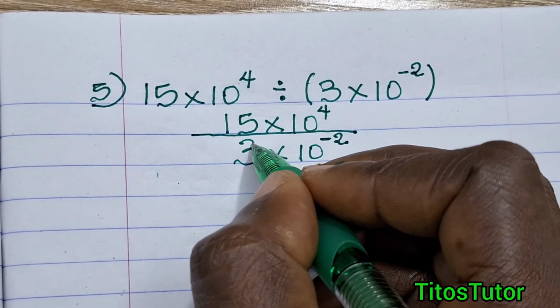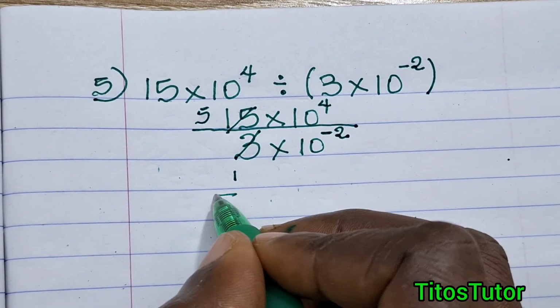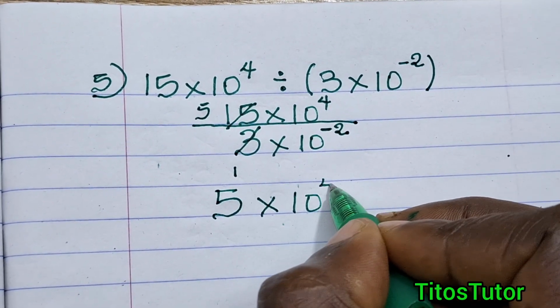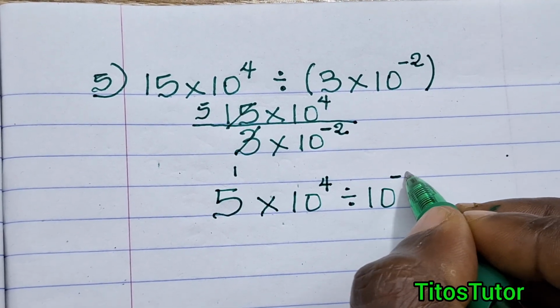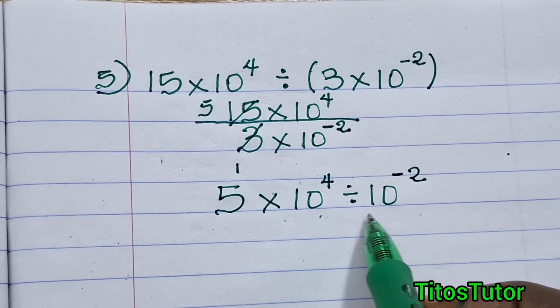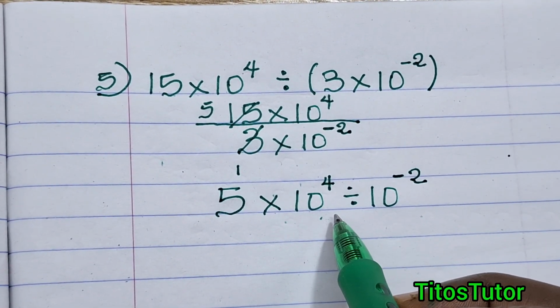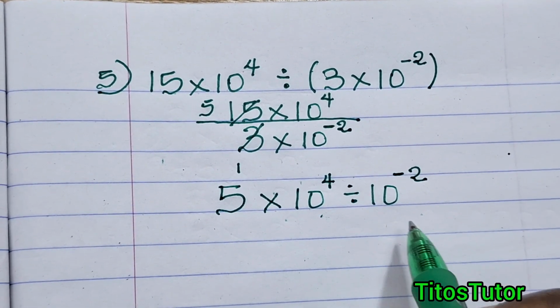A fraction line means division. Remember, I can divide this by saying 3 here 1, 3 here 5. So this is just 5 multiplied by 10 raised to the power of 4 divided by 10 raised to the power of negative 2. So I can use the quotient law of indices for this by subtracting the powers after choosing just one of the bases, because the bases are the same.